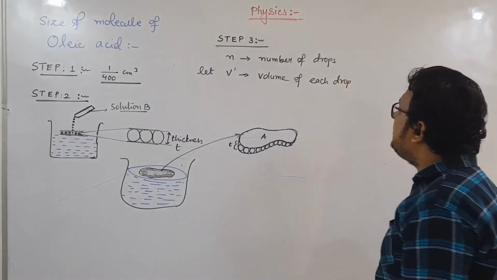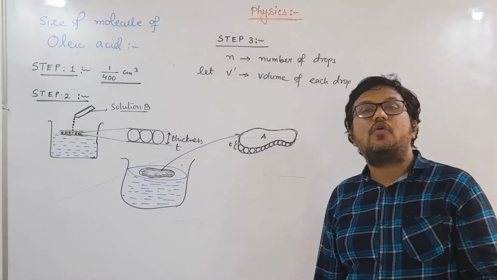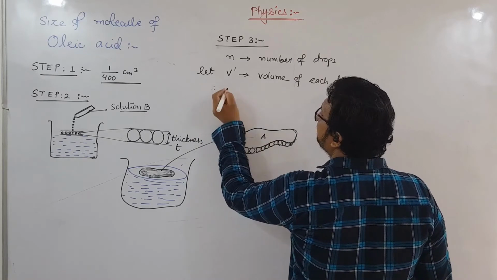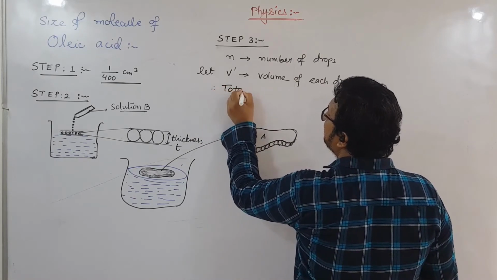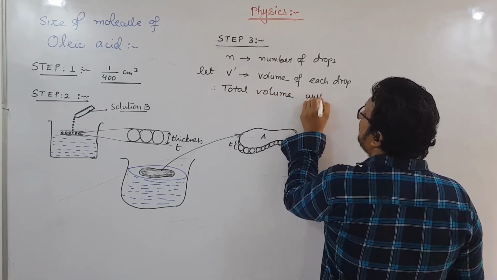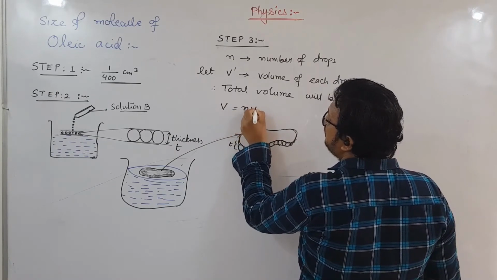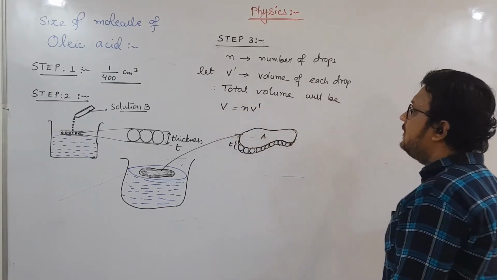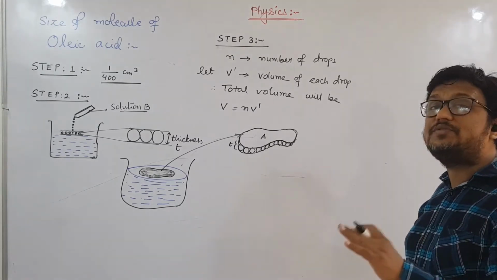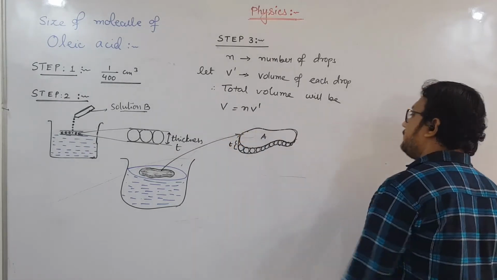So here n is the total number of drops, and V dash represents the volume of each drop. The total volume will therefore be V equal to number of drops into volume of each drop. So V will be equal to n V dash.